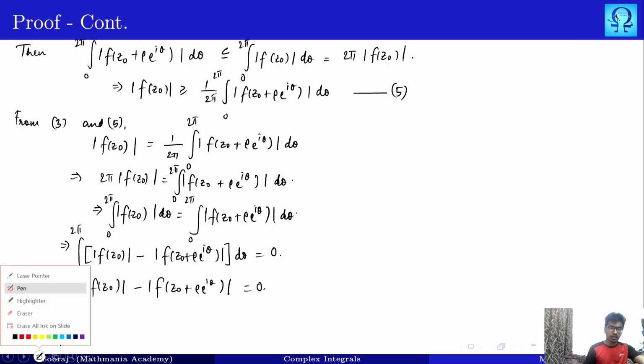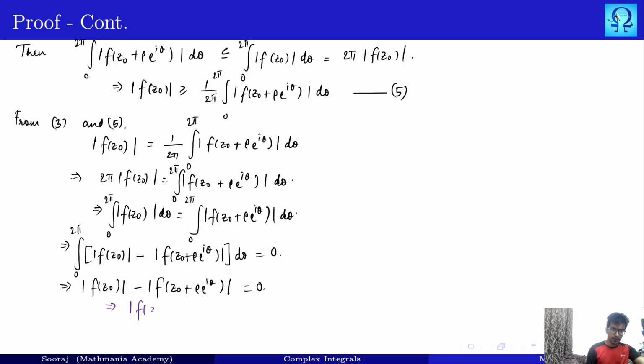So this trivially gives us what? Your absolute of f of z naught plus rho e power iota theta is equal to absolute of f of z naught, right? So which means your absolute of f of z is equal to absolute of f of z naught.